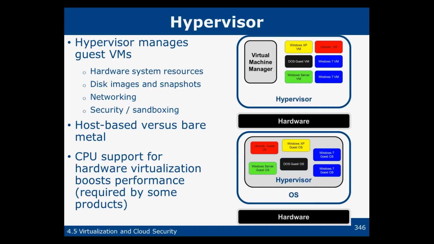Heat generation is a lot less, and that's one of the big deals. If you get a lot of servers or a lot of machines into a small area, that's how you get rid of the heat. You don't really have that severe a problem with virtual machines.